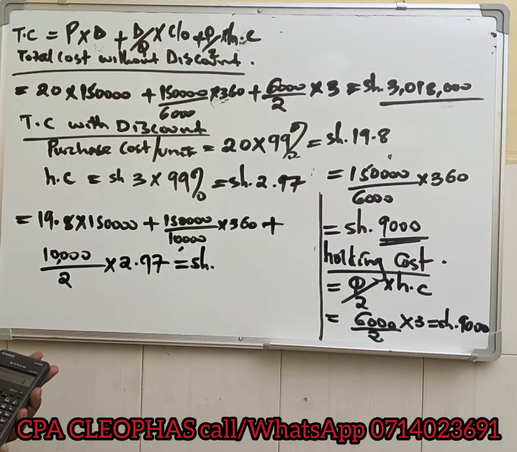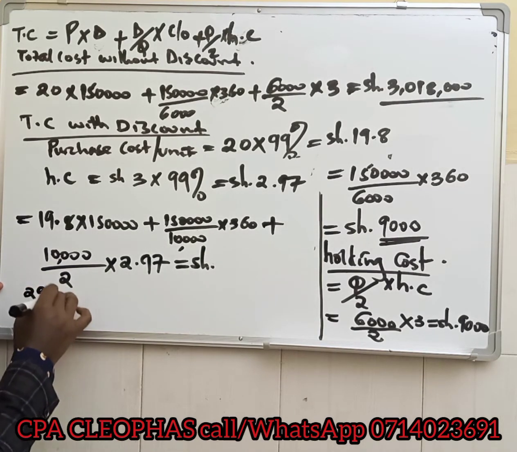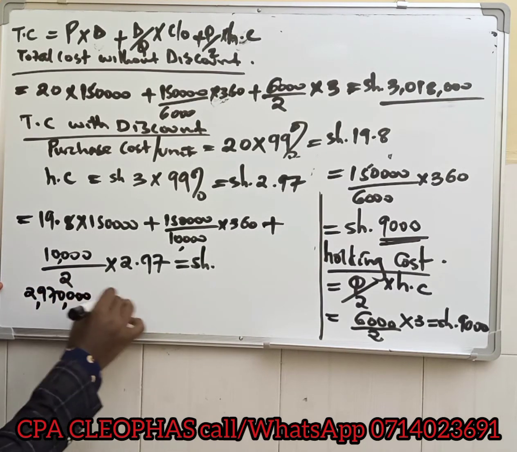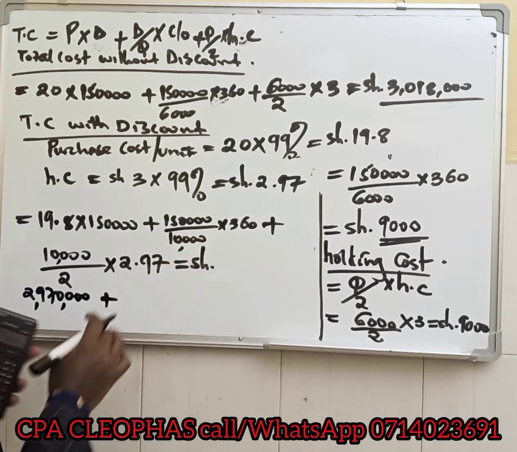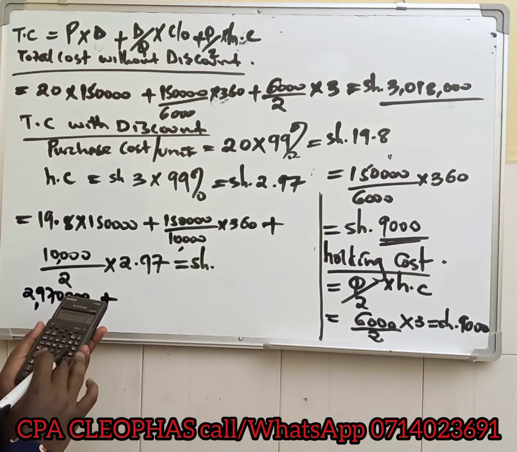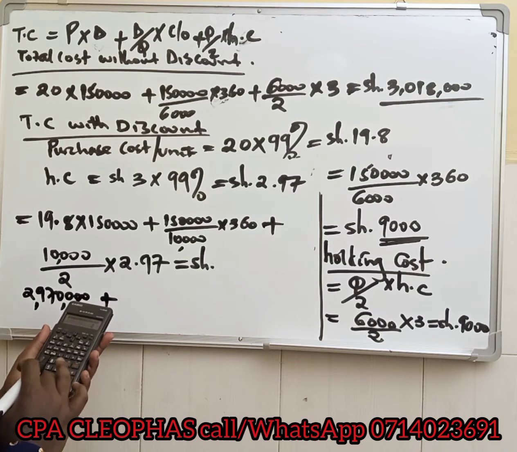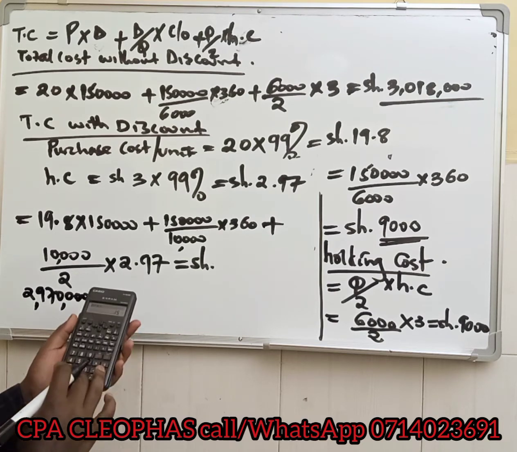So you'll have 19.8 times 150,000, that is 2,970,000, the cost of purchasing. Plus the ordering cost: 150,000 divided by 10,000 gives 15 orders, times 360.